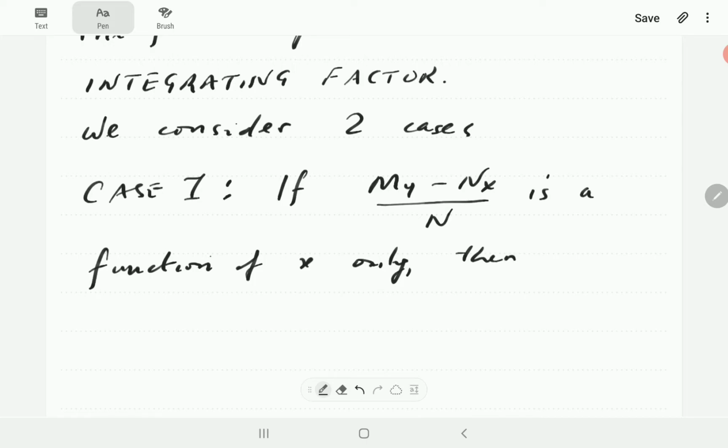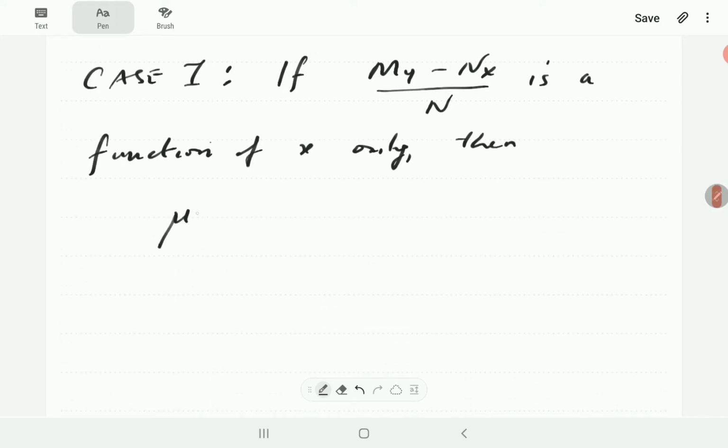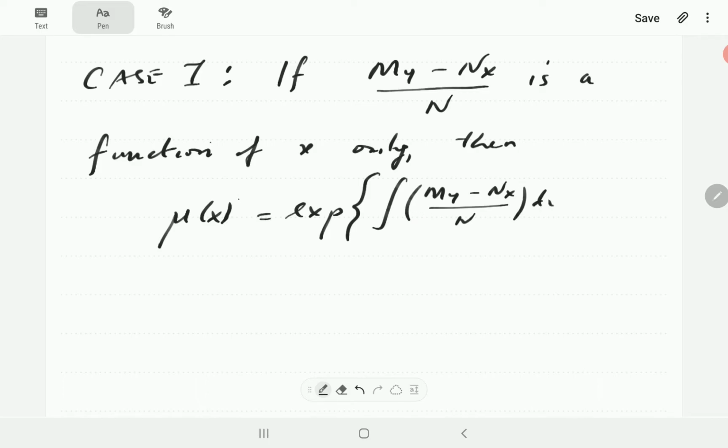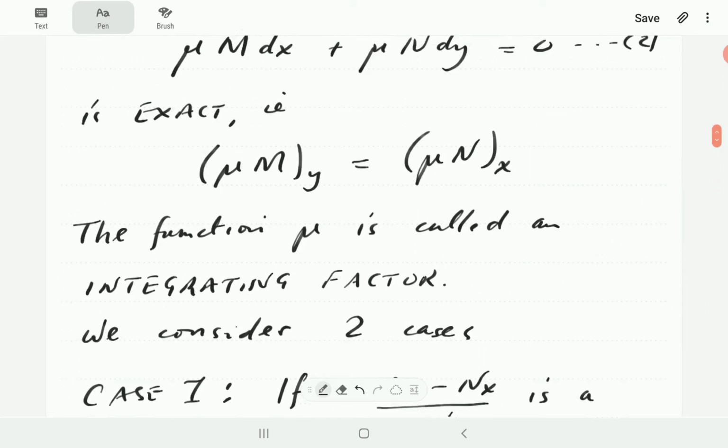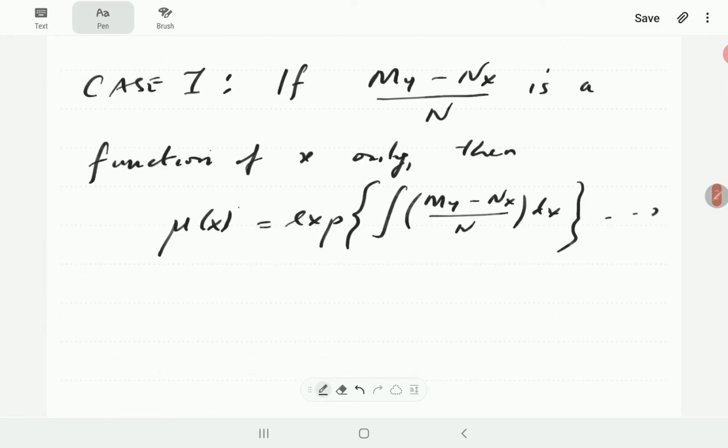Then the integrating factor mu of x is given by the exponential of the integral of My minus Nx over N dx. Okay, so this is the first case. Let's call this one equation number 3.